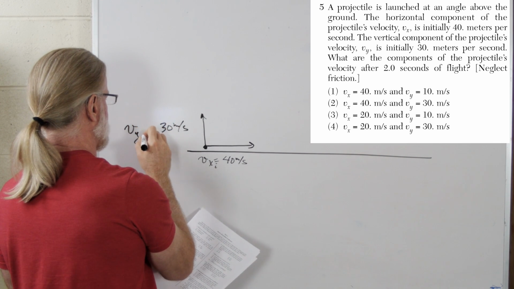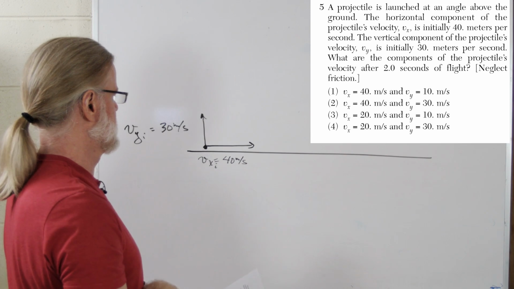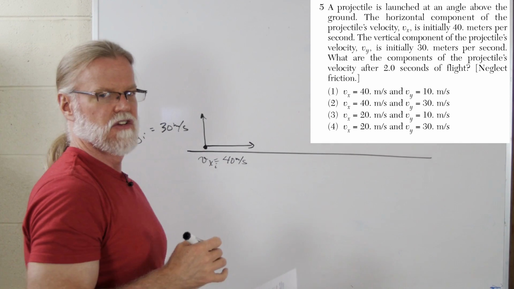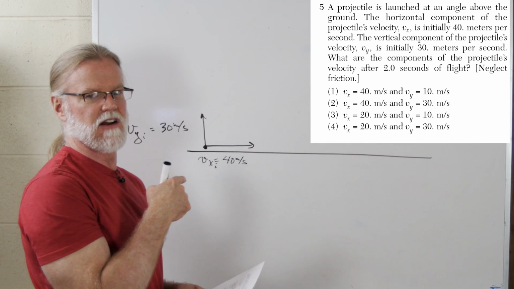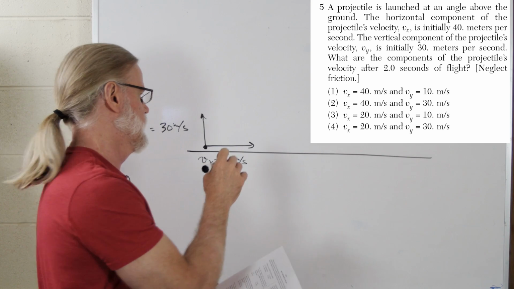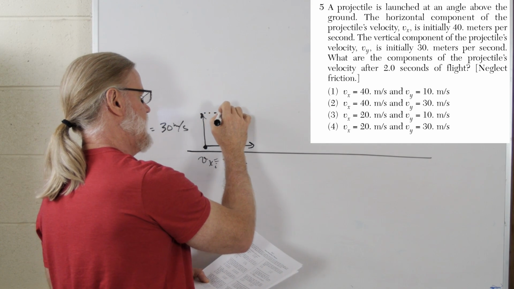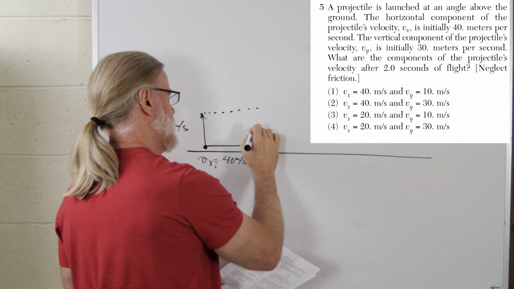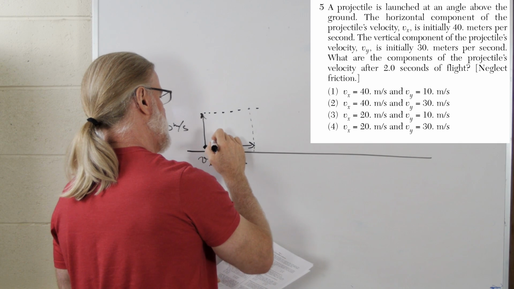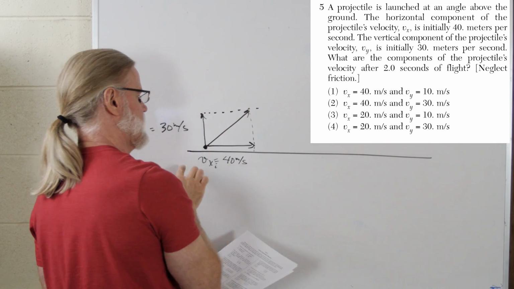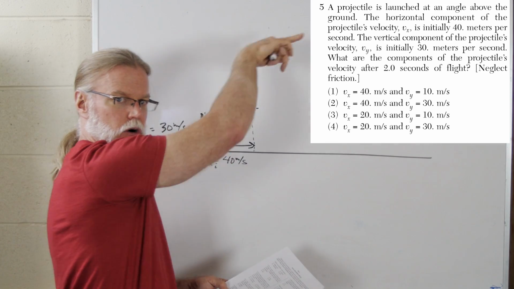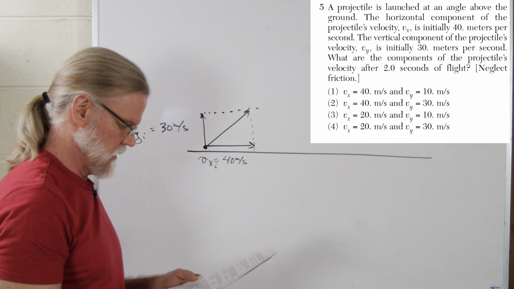Vy initial is 30 meters per second. These are all set up for vector addition. This is all set up for the parallelogram method. We could add those up, and this would be our total velocity. So the ball was going like that. And of course, it's going to go parabolically, sort of like that.